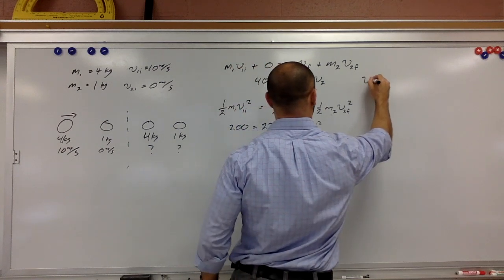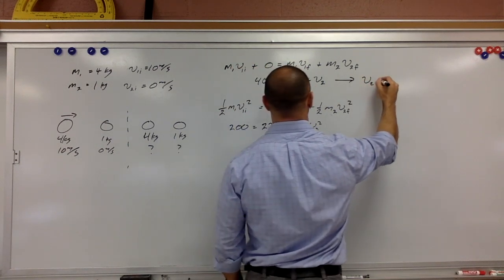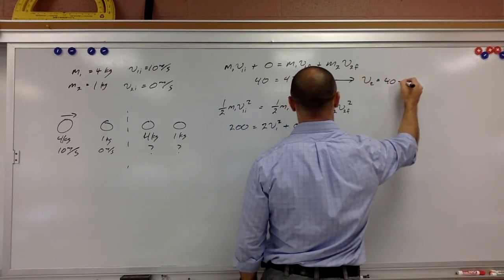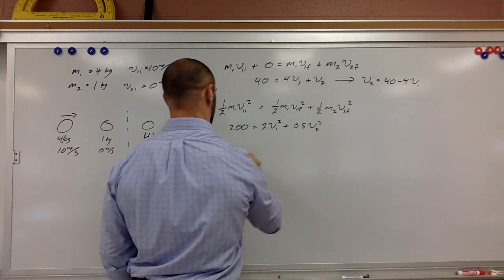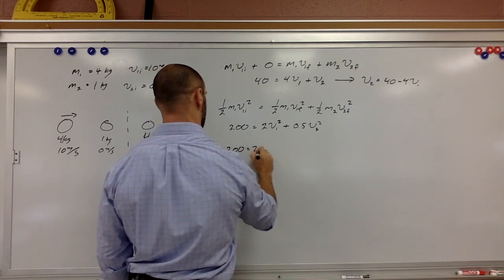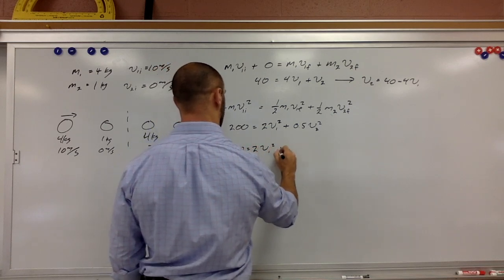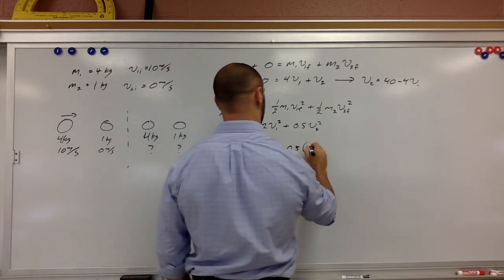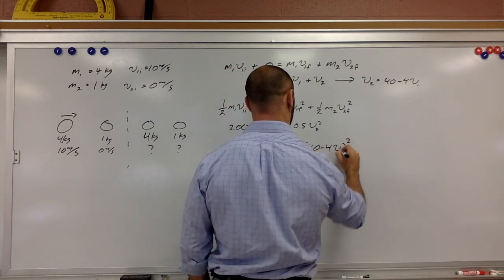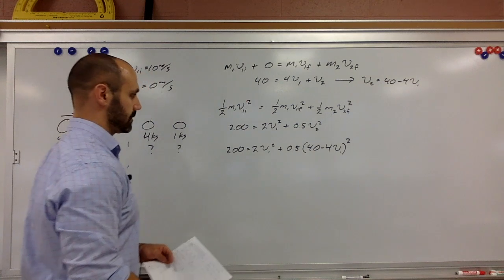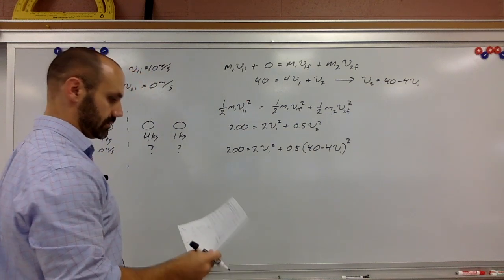Right, so here V2 equals 40 minus 4V1. Now I'm going to plug this into here. So I'm going to have 200 equals 2V1 squared plus 0.5 times (40 minus 4V1) squared. And so this is getting pretty ugly.